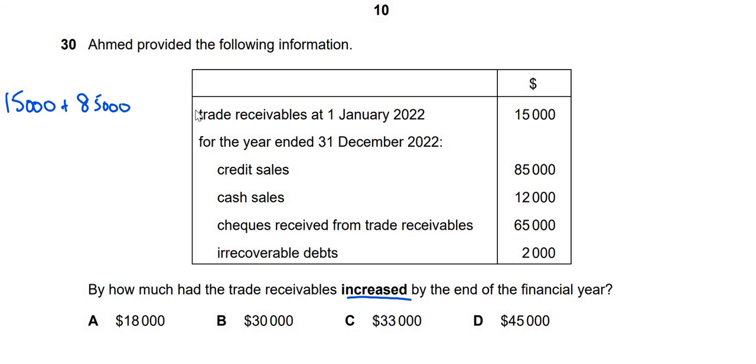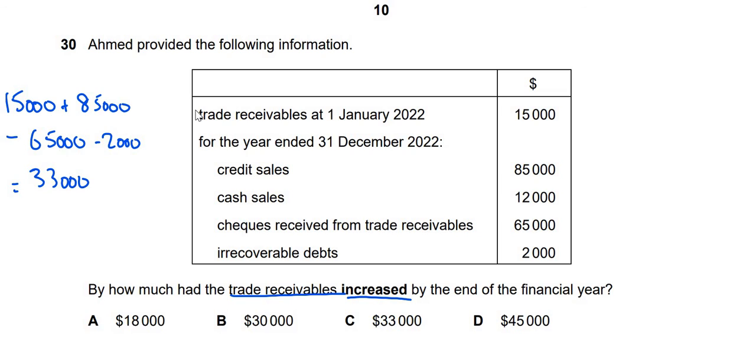We will add credit sales, and we will subtract checks, because we want to see how much trade receivables are increasing. Okay, and we will subtract irrecoverable debts because we won't receive that money. Alright, so our answer is 33,000.